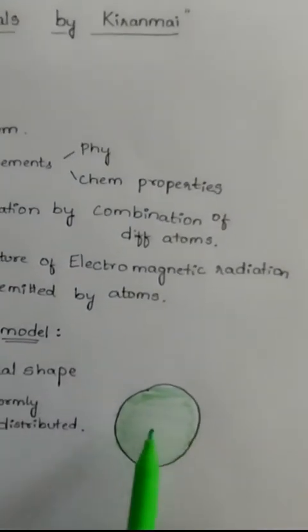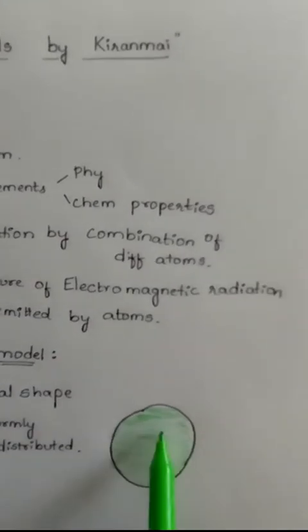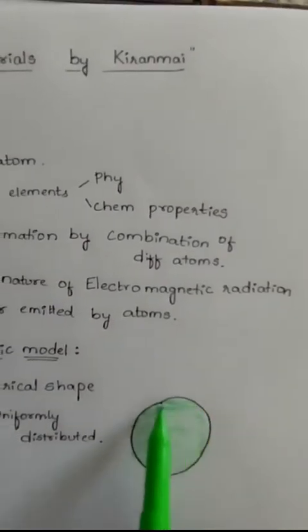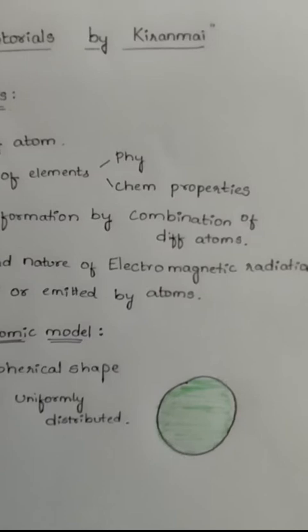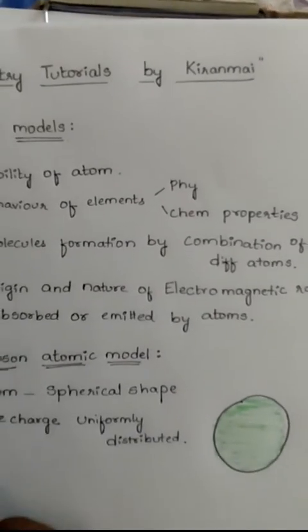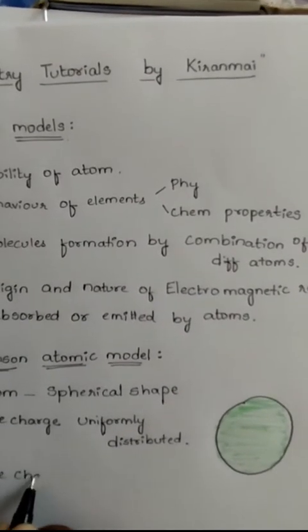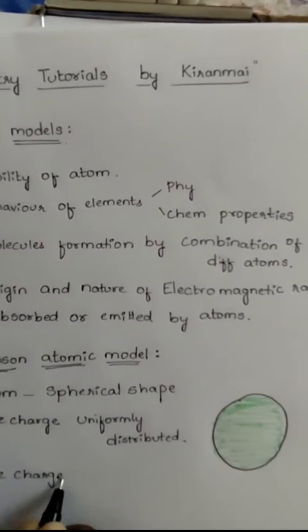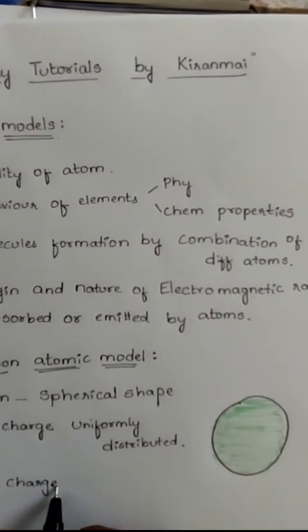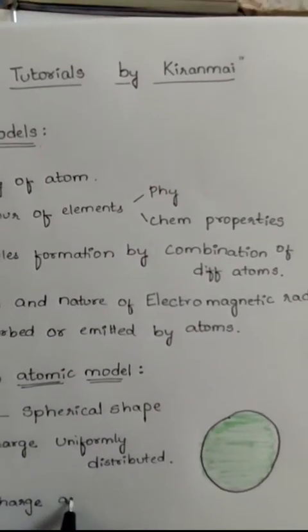This green color, let's say the positive charge, is uniformly distributed throughout the atom, and the negative charges are embedded into it.